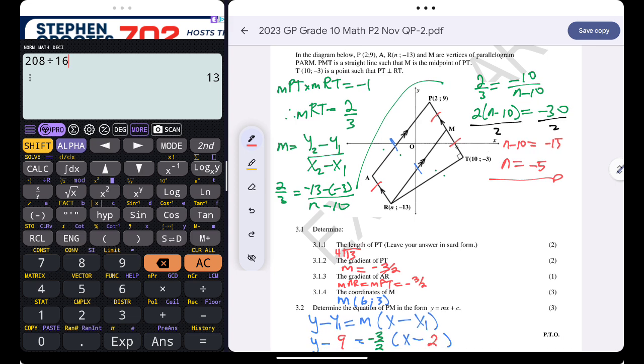I now know that the coordinates of R are negative 5 and negative 13.